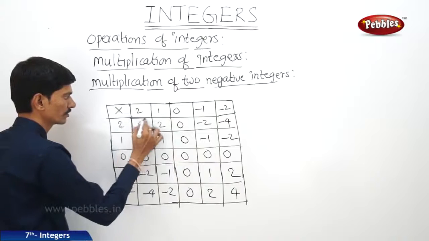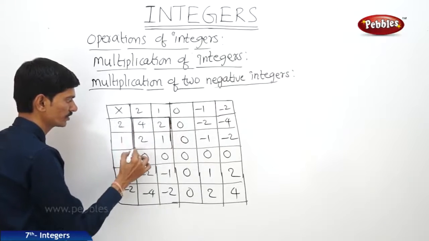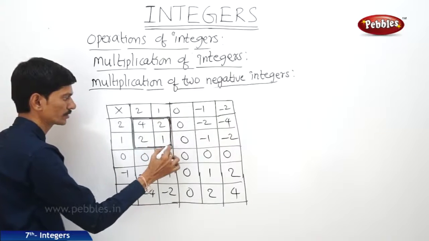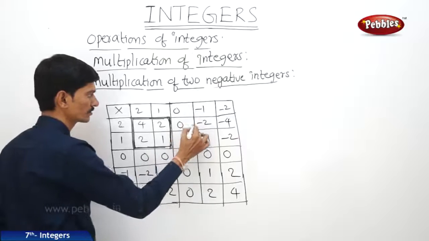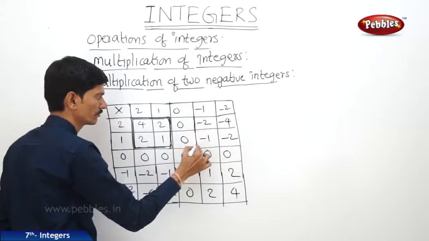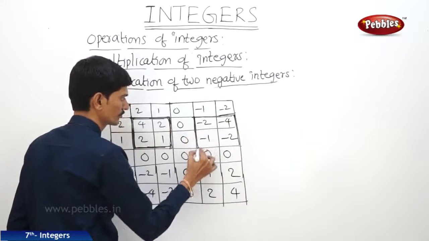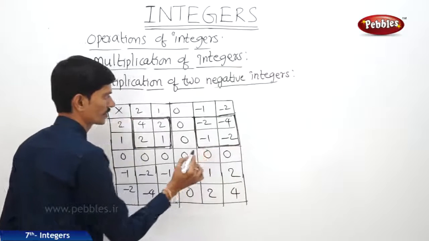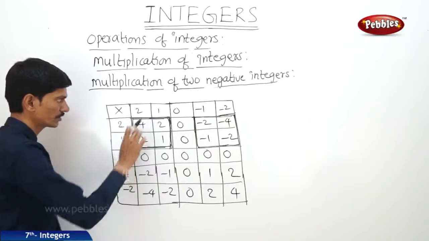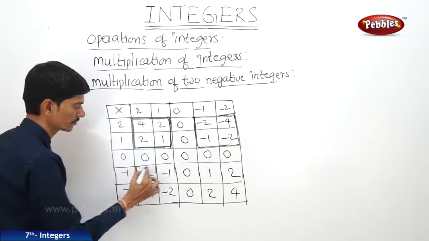So this is the case when you multiply a positive number with a positive number, means the multiplication of a positive integer by another positive integer. And this is the case when you multiply a positive integer with a negative integer, so then we get the product again a negative integer. And this is the case when we multiply a negative integer with a positive integer, so then we get the product also a negative integer.